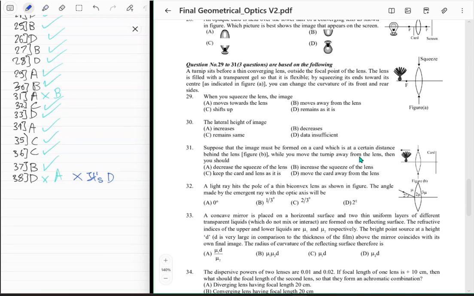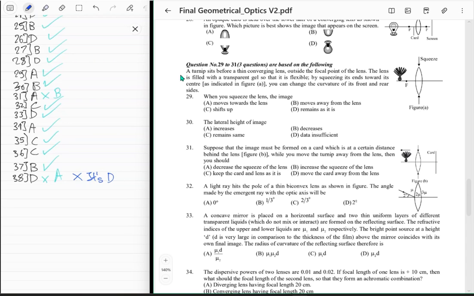While you move the turnip away from the lens, then you should... Oh, it's that kind of thing, how you practically determine the focal length by seeing when an object, like some kind of lamp, has a sharp image.